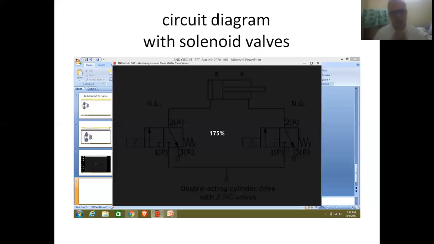So friends, in any circuit, in any situation, the first position of the valve is used for supplying fluid into the cylinder, and second position of the valve will be used for receiving the quantity of liquid that is coming out of the cylinder. So this is the information so far as valve positions are concerned.